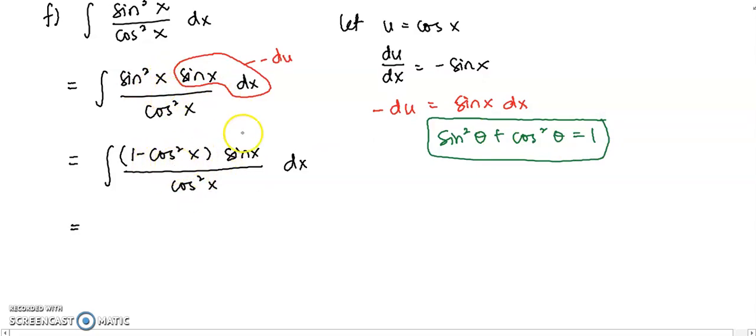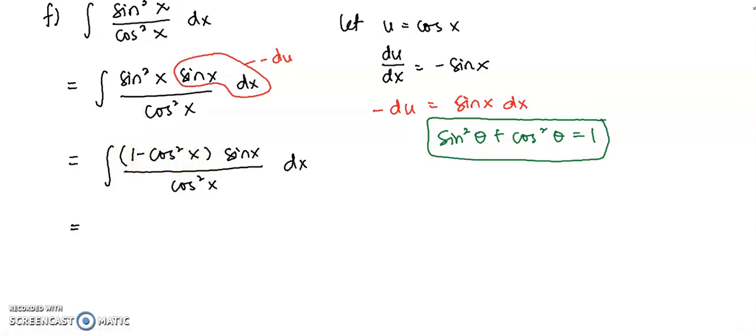Why do I do this? Because just now we have represented the cos x as u. So sine square x is no way can be u, so I will use the identity. I convert it into 1 minus cos square x so that I can substitute in terms of 1 minus u square.